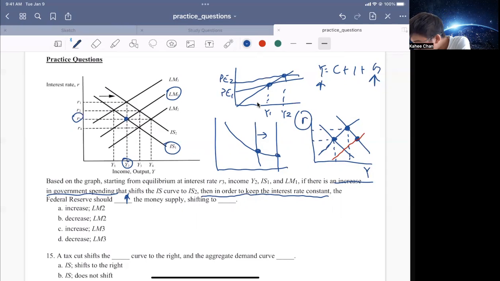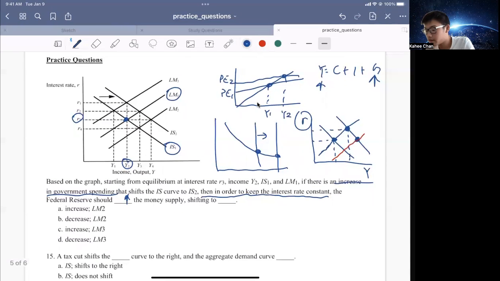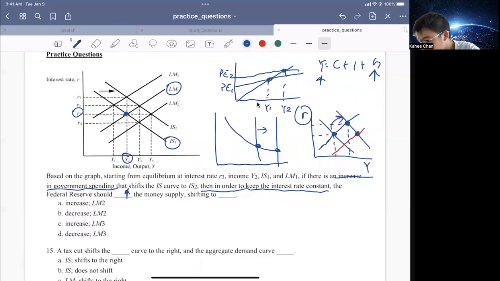So the LM curve, going from here, because we are going to have a fiscal policy, the point should go to here, and then we are going to the original interest rate, which goes from here to here. So this is LM2, right? So increase LM2 is the answer for this question.